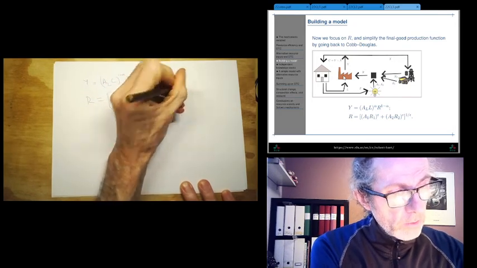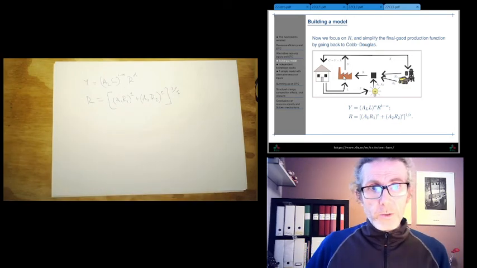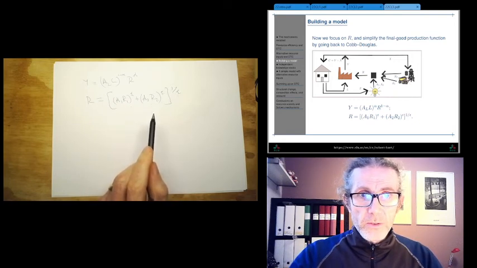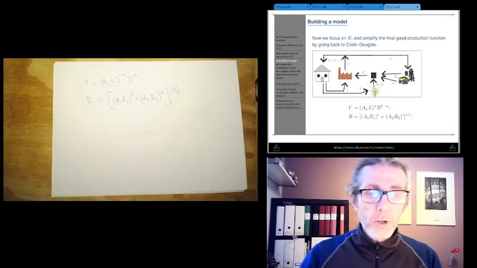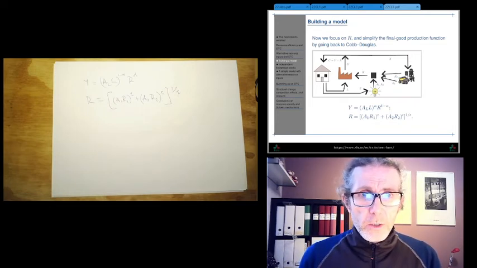And now, surprise, surprise, these should be good substitutes, right? They're highly substitutable for each other. There's alternative ways of making energy. Should we have coal? Should we have oil? Oh, we've already got loads of coal.